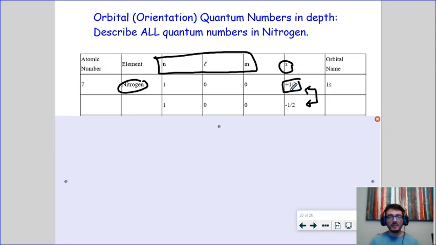It's +½ and the next one is going to be -½. Okay, now that just refers to how electrons spin. They can spin in a clockwise direction, or they can spin in a counterclockwise direction. That's given either a positive value or a negative value. +½ or -½. Moving on.